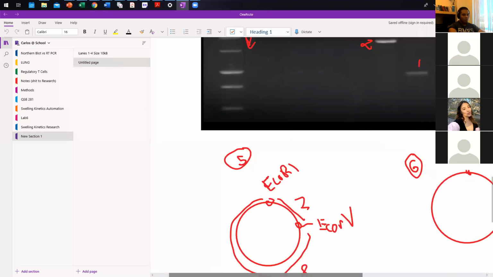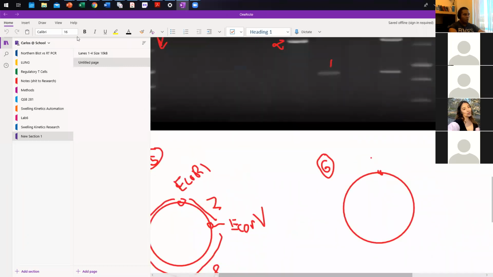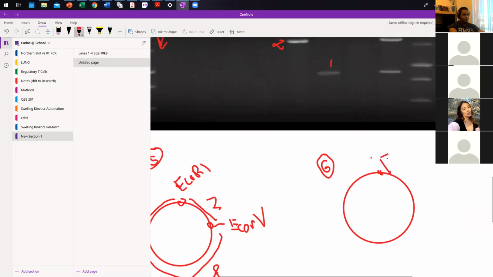So I'll draw EcoR1 right there, and then ScaI. So this is 1 and this big fragment on the outside is 9. So that's why you have those.